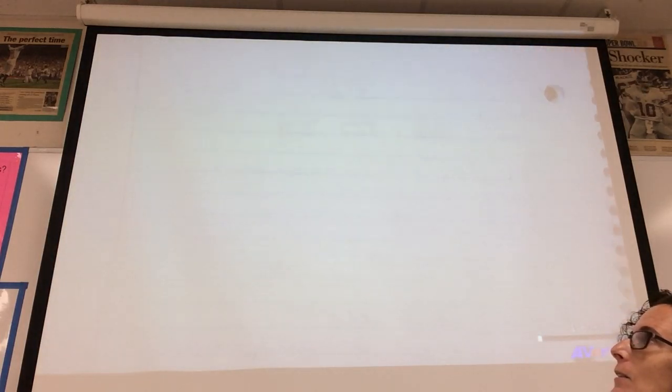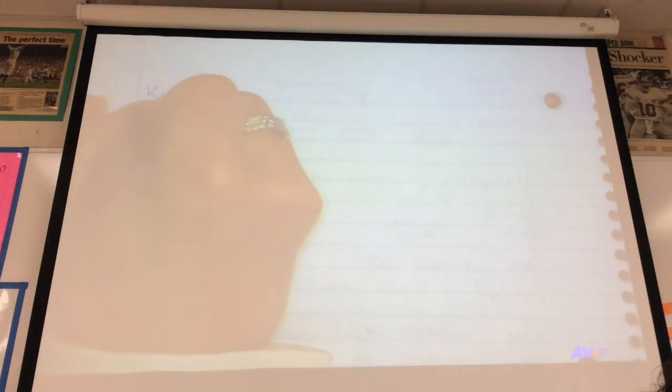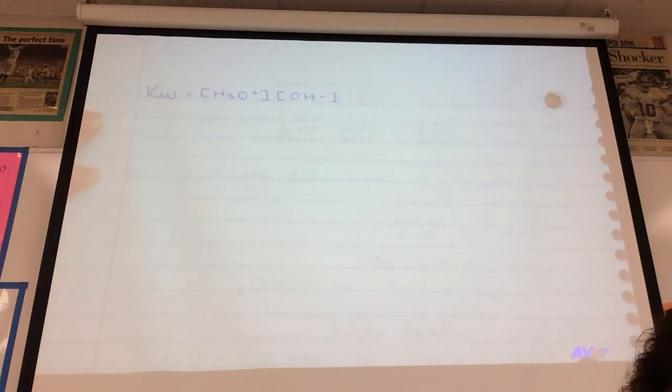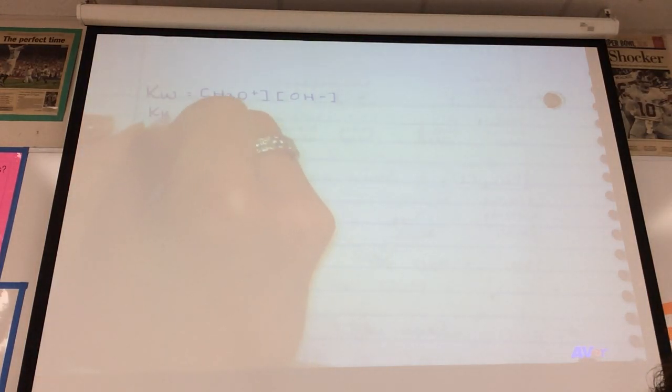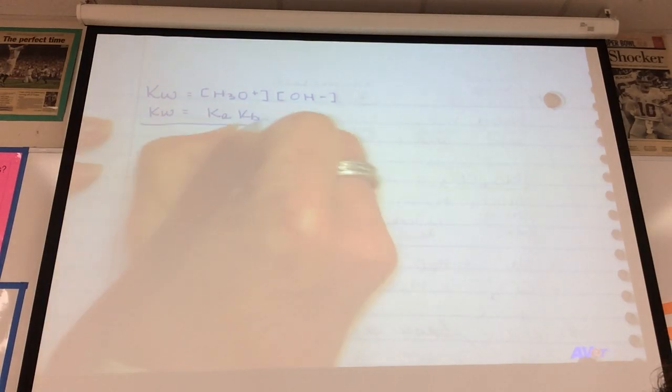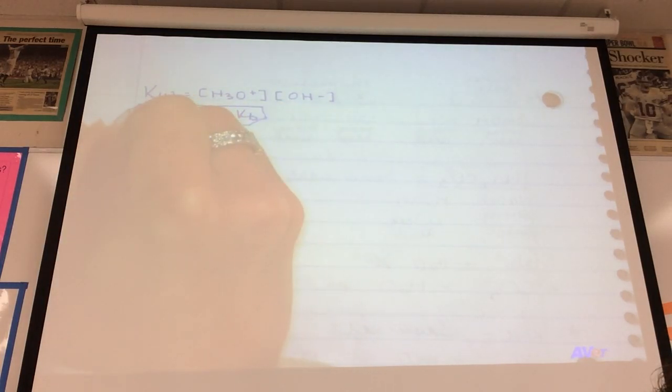Previously, we said that Kw is equal to hydronium ion concentration times hydroxide ion concentration. We also said that Kw is equal to Ka times Kb, but we haven't done anything with it.